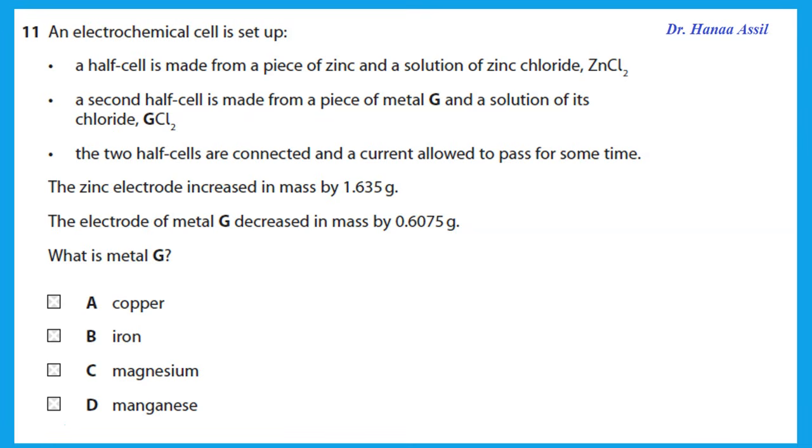Remember that if we have zinc chloride and GCl2, and we write an equation, the number of moles of one would be the same as the number of moles of the other. So if we say that the zinc changed in mass by 0.635, that means the number of moles of zinc that reacted is 0.025 mole.